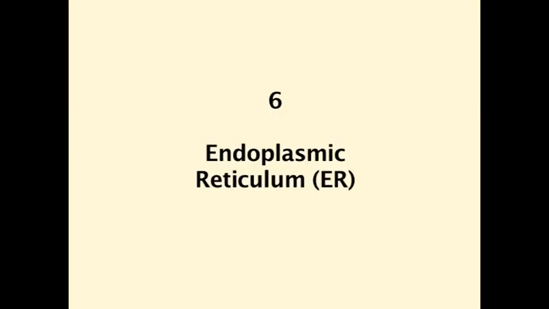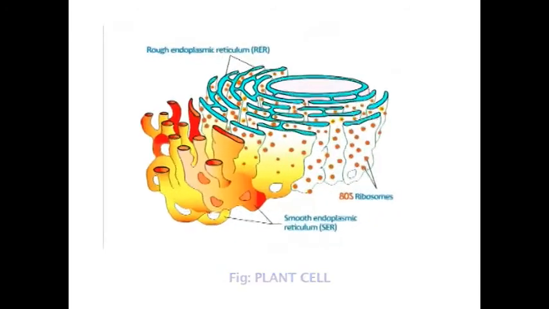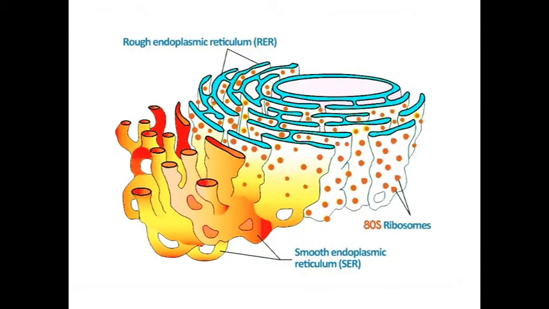The next characteristic is endoplasmic reticulum or ER. Endoplasmic reticulum or ER comprises of an extensive network of membranes composed of both regions with ribosomes, also called rough endoplasmic reticulum, and regions without ribosomes, also called smooth endoplasmic reticulum.